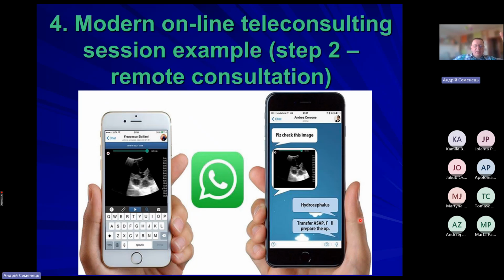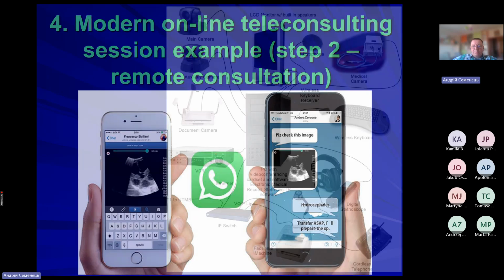And really, we can use any communication capabilities we have. So here we are talking about real implementation of telemedicine.